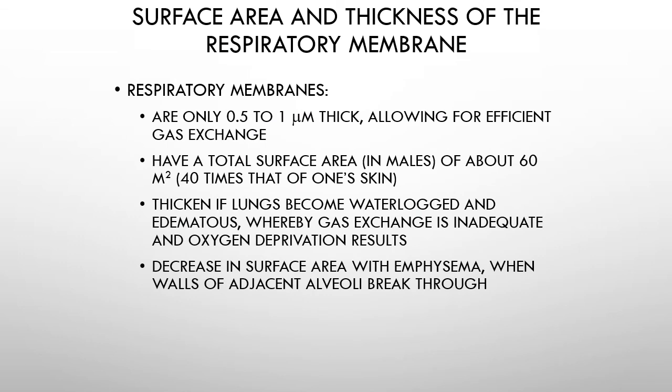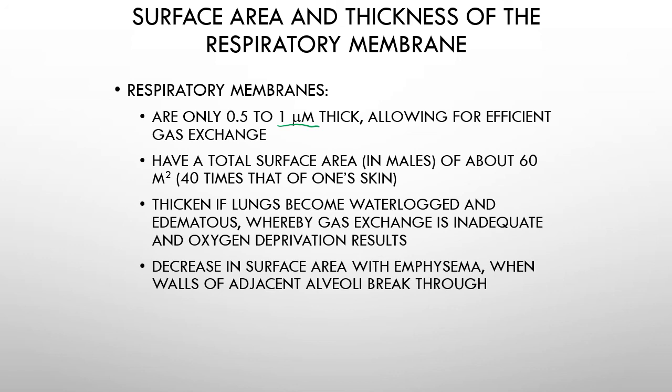One of the key things happening inside the alveoli and the capillaries to allow for this very quick movement of gases between the two is the fact that our respiratory membrane is very, very thin. We're talking about 1 micrometer at its thickest, anywhere from half a micrometer to a micrometer in total thickness.